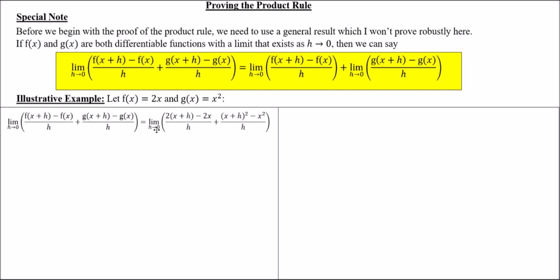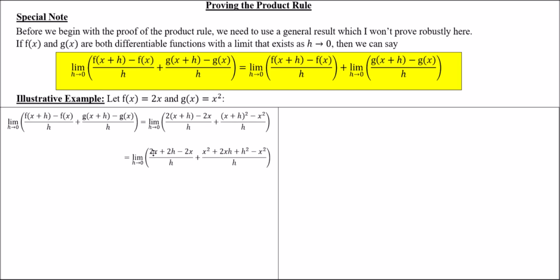If we input f of x being 2x, f of x plus h becomes 2 lots of x plus h, minus 2x. Similarly for g of x, if we input x squared, then we square the input. So g of x plus h becomes x plus h squared, minus x squared, all over h. Carrying this through, expanding the brackets, we get this.